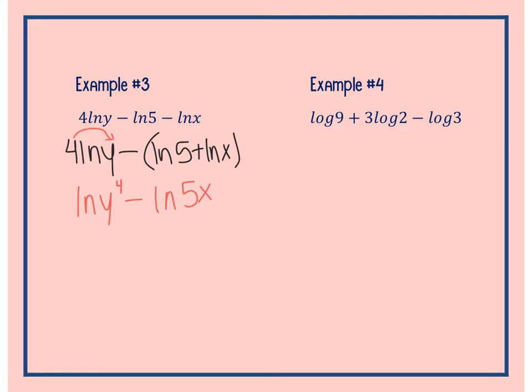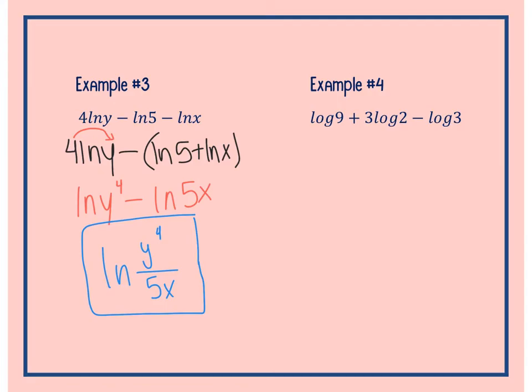If I'm subtracting, that means I can go backwards and do division. So natural log y to the 4th divided by 5x. Okay, remember we're working backwards here. So I had 4 different things going on here.